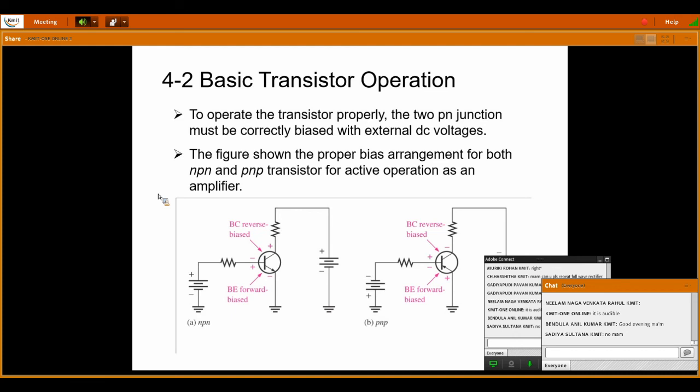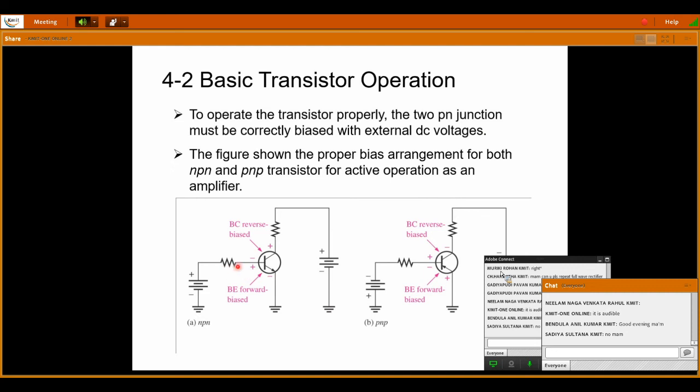Hence, we have to apply proper biasing voltages in order to transfer the charge carriers from the emitter to the collector terminal. Okay, right. These are the two images which we have given. The first one is the NPN transistor, and the second one is the PNP transistor.